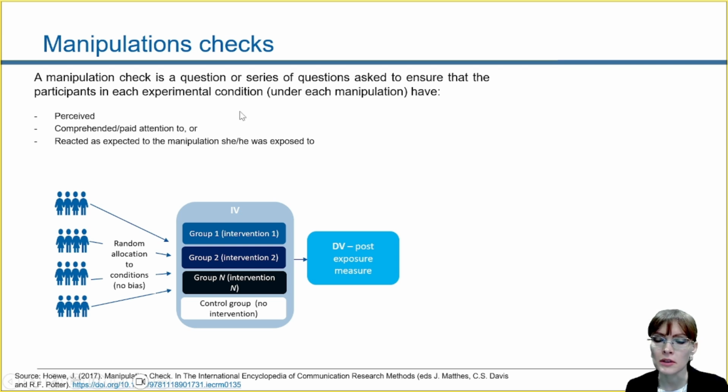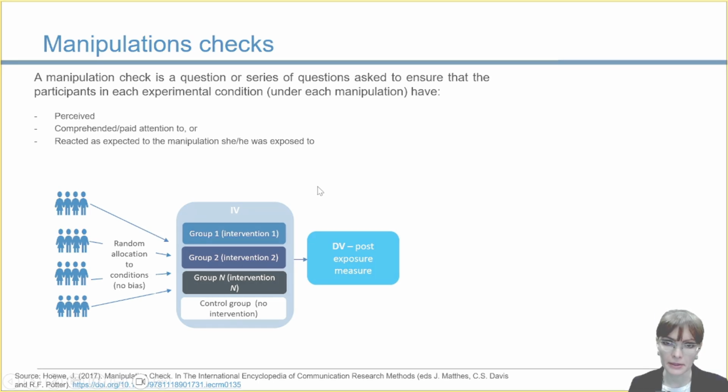You do this to ensure that they have perceived your manipulation the way you intended, that they comprehended it in the way they were supposed to, that there was no misunderstanding between what you intended them to observe and what they actually inferred, and that they reacted in the expected way.